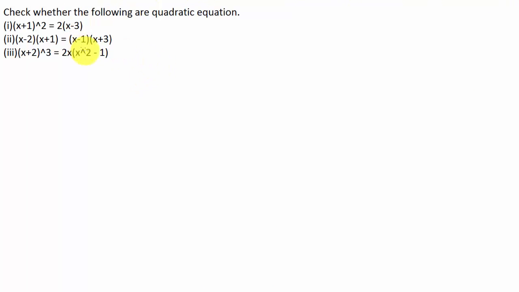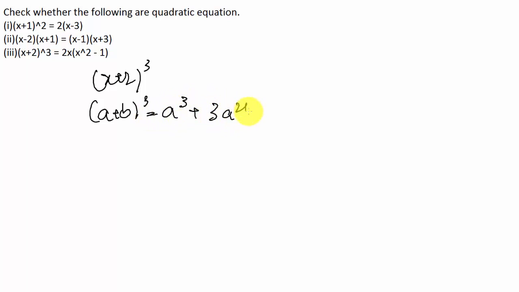For the third question, we need to remember something from our polynomials lesson. Now x plus 2 whole cube is of the form a plus b whole cube, which is a cube plus 3a square b plus 3b square a plus b cube. This is your general formula.